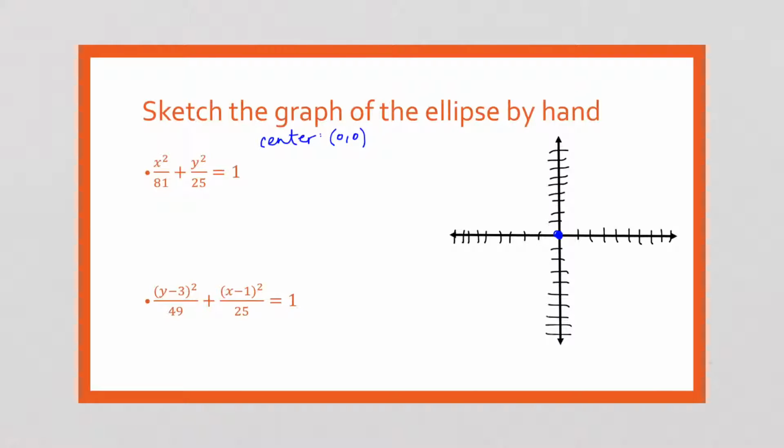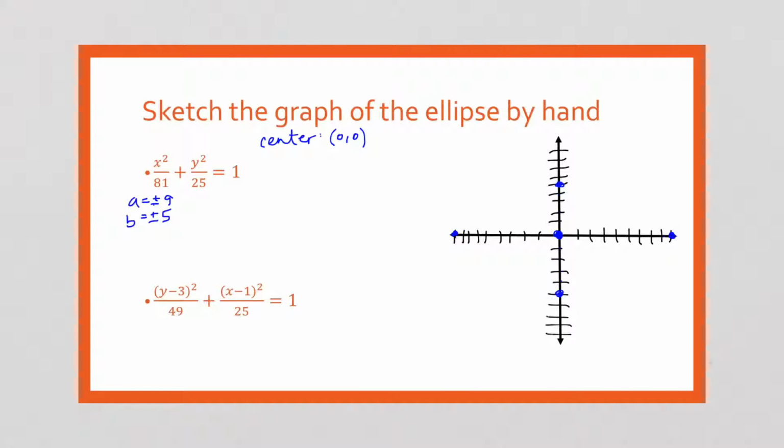Now the next thing is a is plus or minus 9. B is plus or minus 5. So from the center, we're going to count over to 9, and to negative 9, and up to 5, and down to 5.